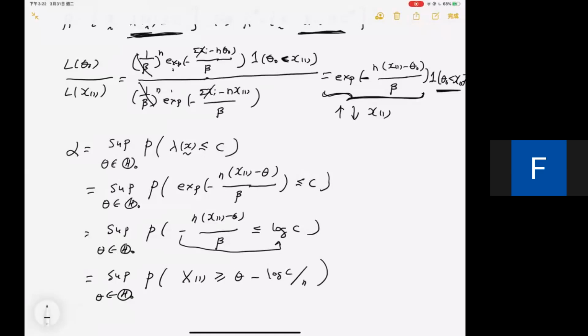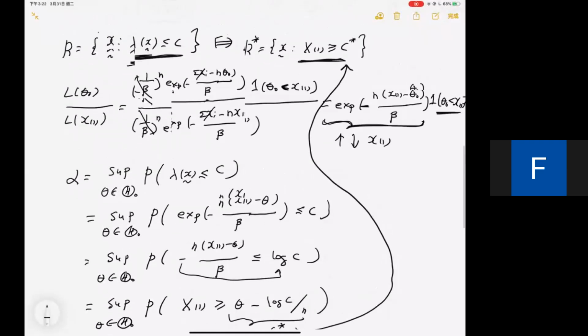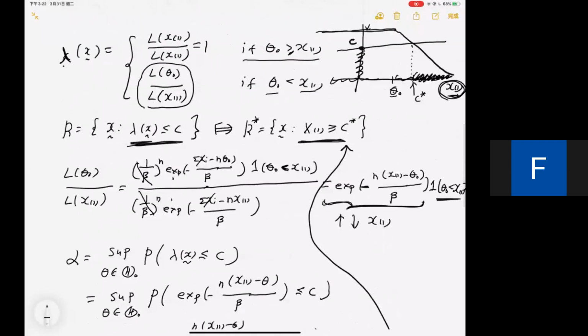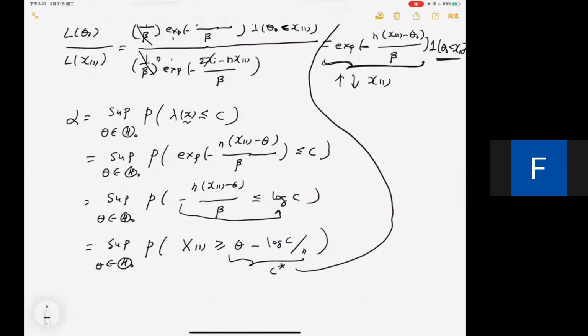By doing so, you can also see that this is C star, the same thing as right here. So you don't have to draw a graph. You can also find out x1 bigger than C star by a really easy operation.